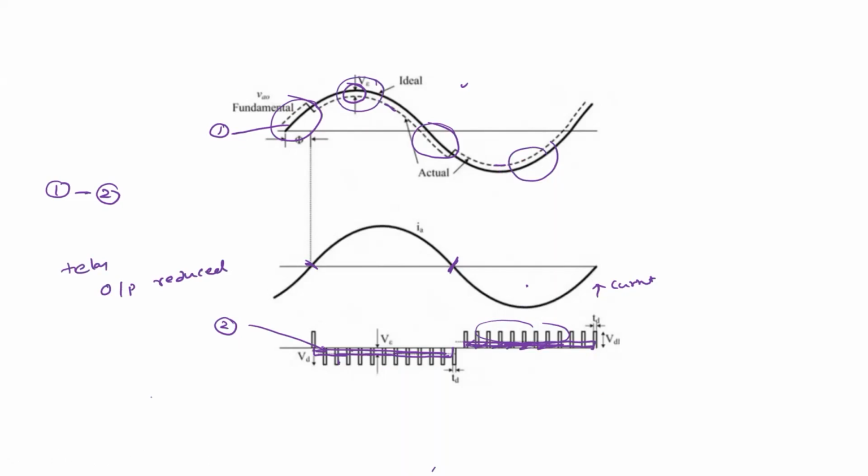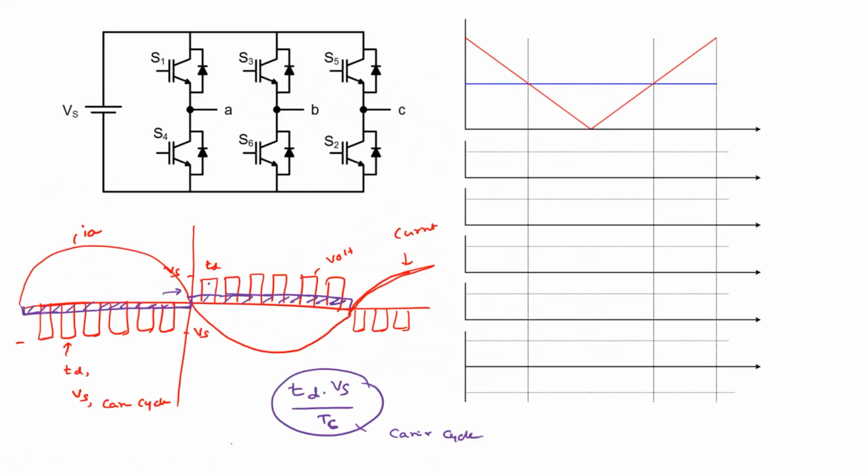And the second thing is that we have the square wave. If you decompose the square wave into harmonic components, we have fundamental, third, fifth, seventh, and so on.